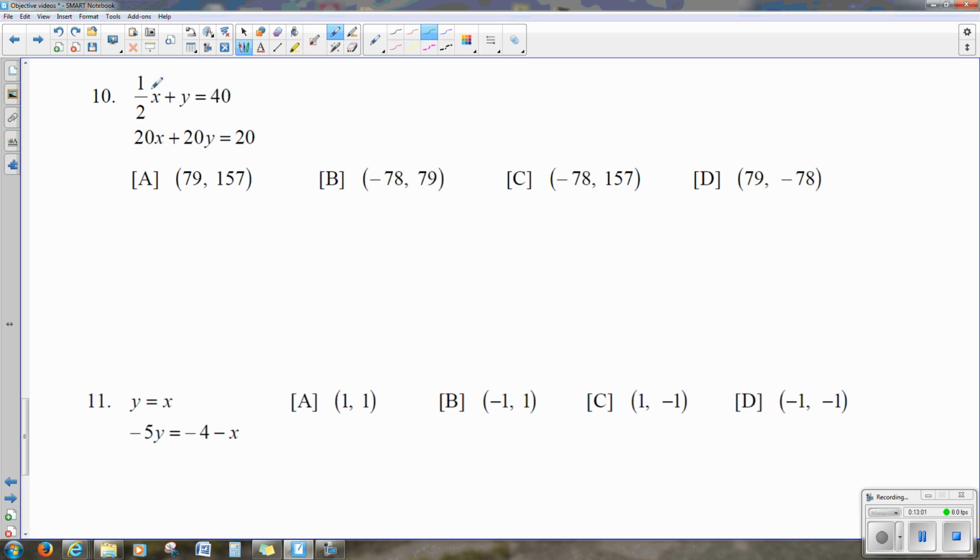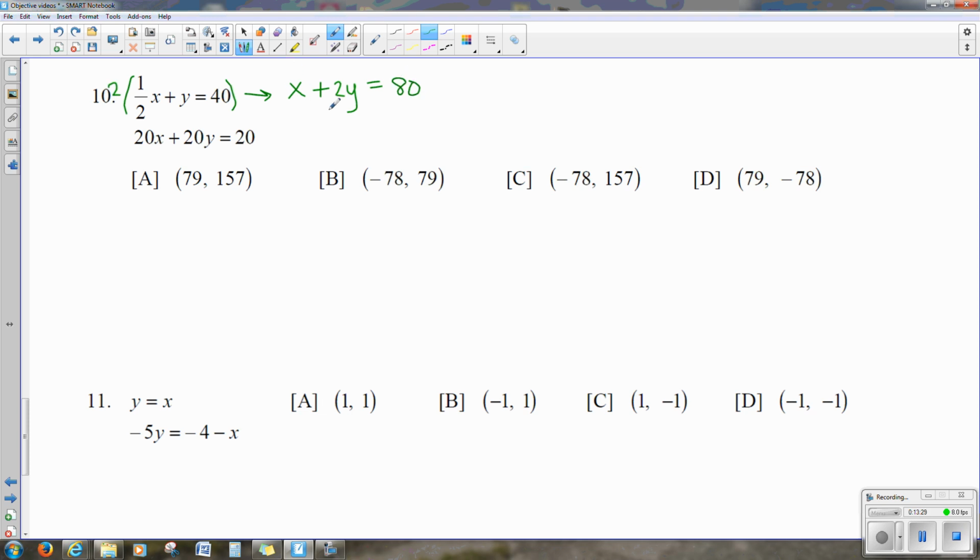You could also say, you know what, I don't like fractions. I want to multiply everything by 2 because I would really like to get rid of the fractions. So 2 times 1/2 is 1, so it gives me 1x plus 2y equals, see, 2 times 40 is 80.